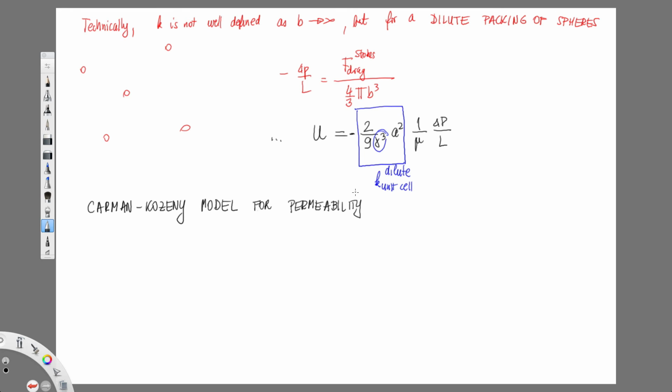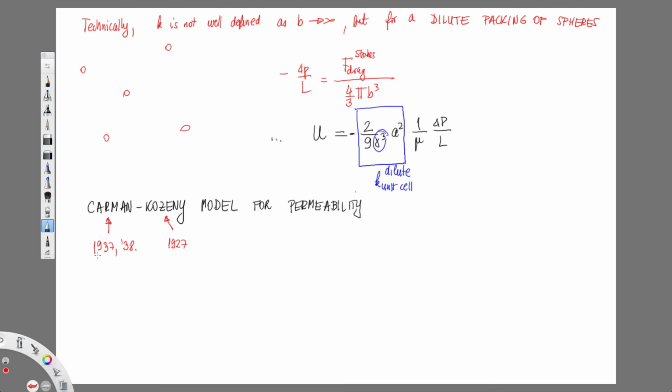Okay, so Carman worked on this, by the way, in '37 and '38, 20th century of course, and Kozeny worked in 1927. Let me write that down so there is no confusion.